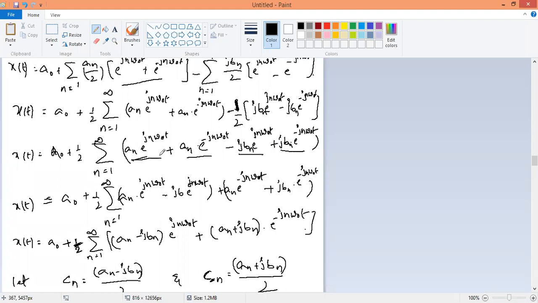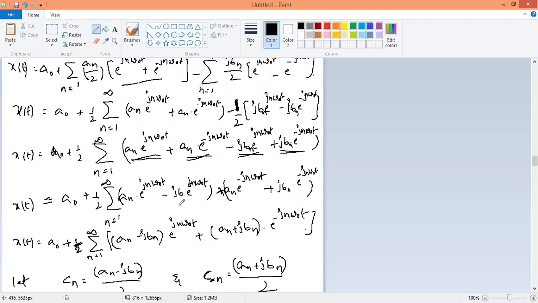Next I am writing e power jn omega naught t terms first, and e power minus jn omega naught t terms separately. An e power jn omega naught t minus jbn e power jn omega naught t plus an e power minus jn omega naught t plus jbn e power minus jn omega naught t.